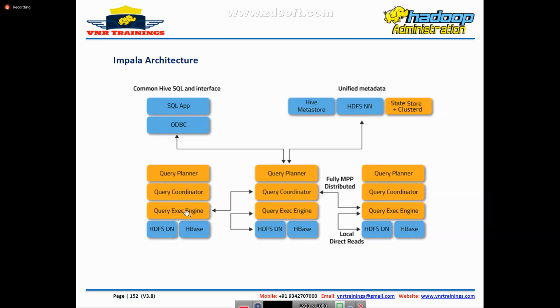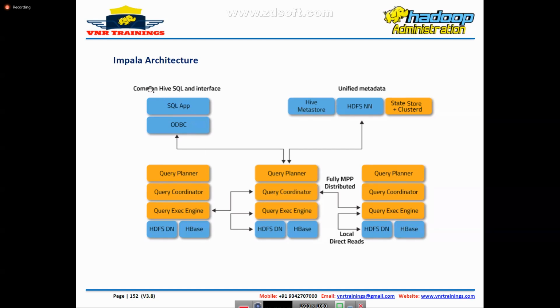The Impala daemon can act as coordinator and worker at the same time. It can plan the query, coordinate the query, and execute the tasks. It can perform both at a time.